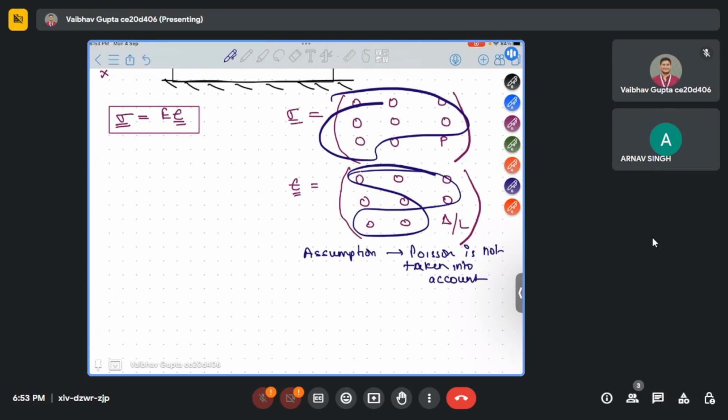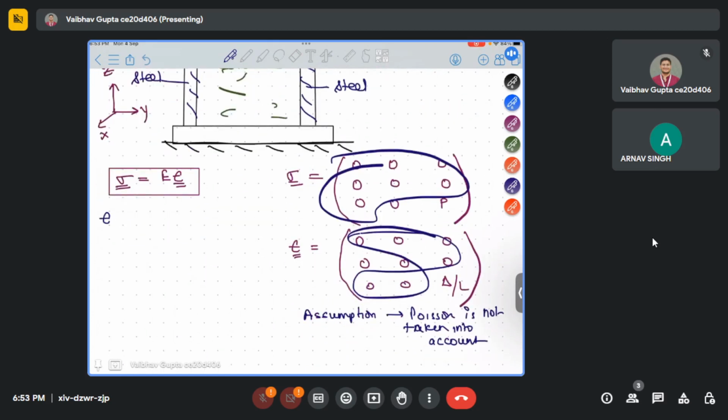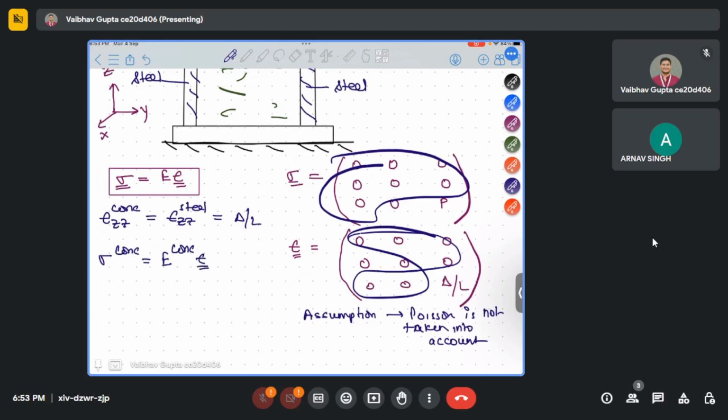Since both steel and concrete are deflecting by the same amount, epsilon ZZ in concrete will be equal to epsilon ZZ in steel, which is nothing but delta by L. Since stress is related to strain with the help of E, stress in concrete will be E concrete into delta by L. Similarly, sigma of steel will be equal to E of steel into delta by L.